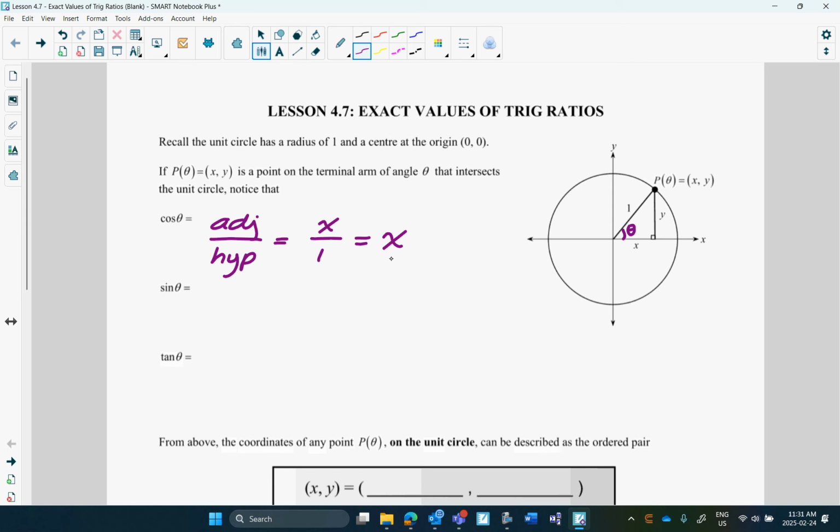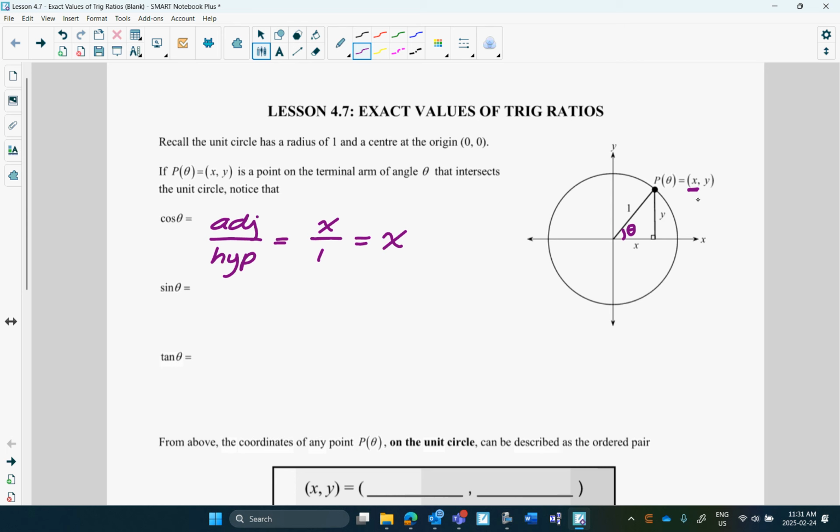So if you think about it, the cos of 45 degrees would be the x value of its point on the unit circle. At 45 degrees, what is this value? Right. And if you were to do cos 45 on your calculator and get the decimal, and if you were to do square root of 2 over 2 on your calculator, it'd be the exact same answer.